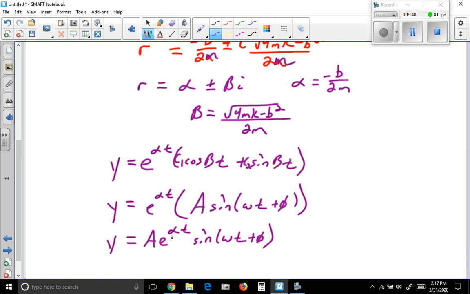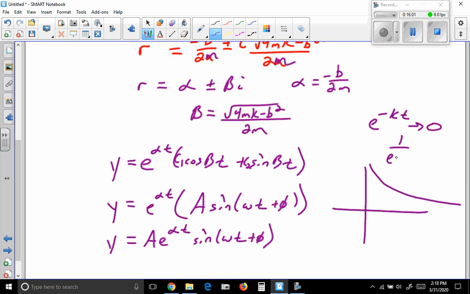So e to a negative power gives us exponential decay, so from left to right we're getting smaller and smaller, and as t goes to infinity, e to the negative kt approaches 0. We could write that as 1 over e to the kt, and as t gets infinitely large, we have 1 over infinity, which goes to 0.